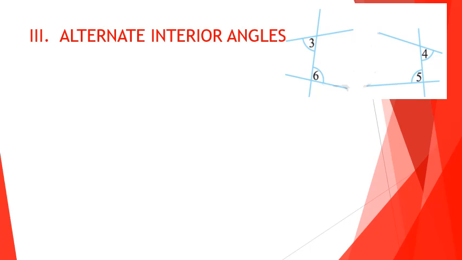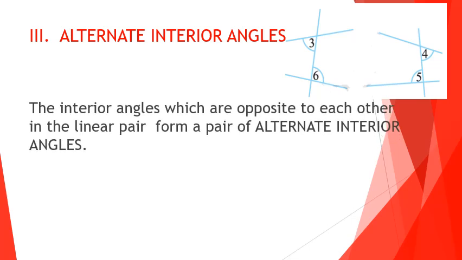That means the interior angles which are opposite to each other, not in a linear pair, form alternate interior angles. Or in short, it is the interior angle which lies on the opposite side of the transversal in the alternate position.